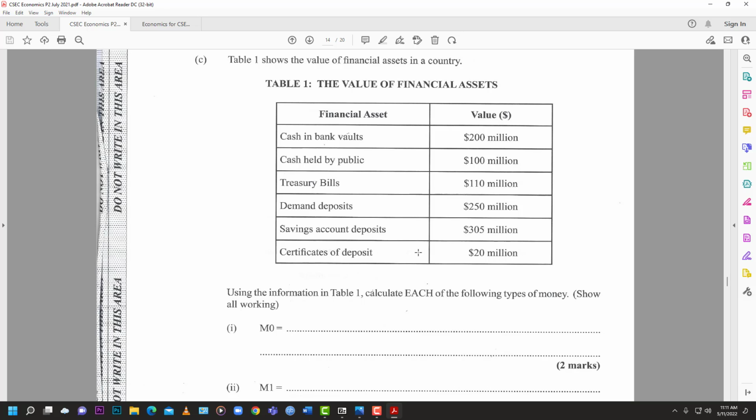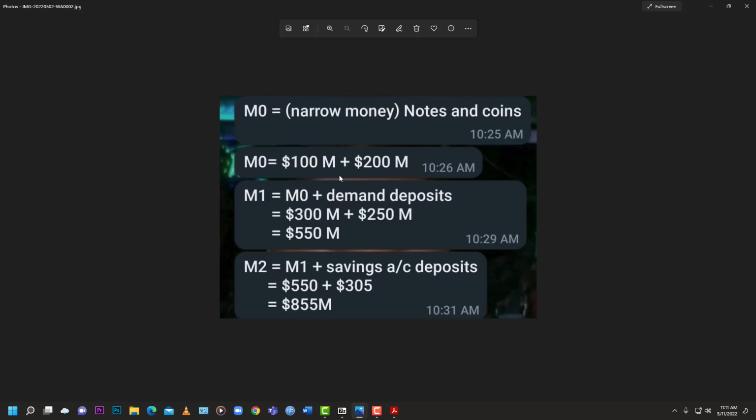So we see here we have 200 million for cash in bank vaults and 100 million for cash held by the public. So that's what's in circulation, right? So we have the 100 million plus the 200 million, and that would give us 300 million. So our M0 would be 300 million.